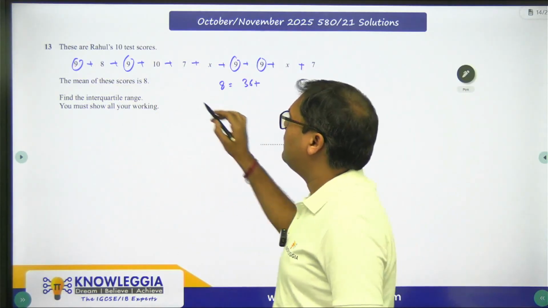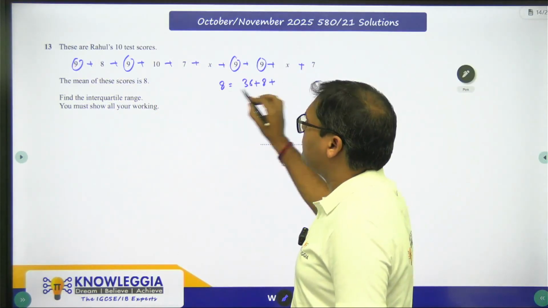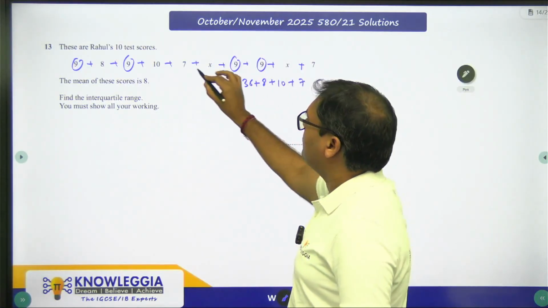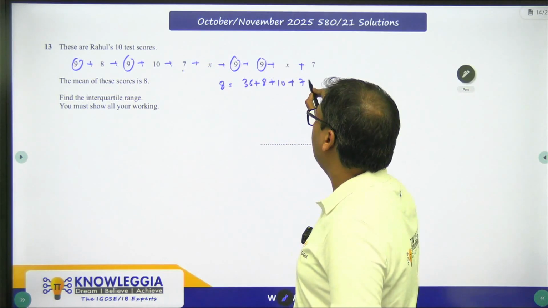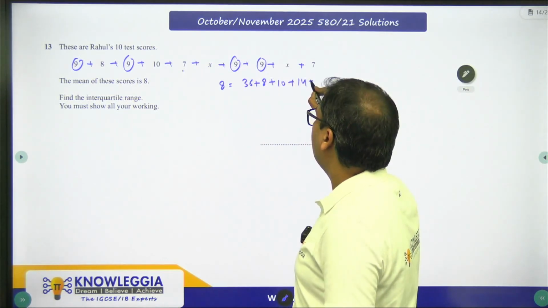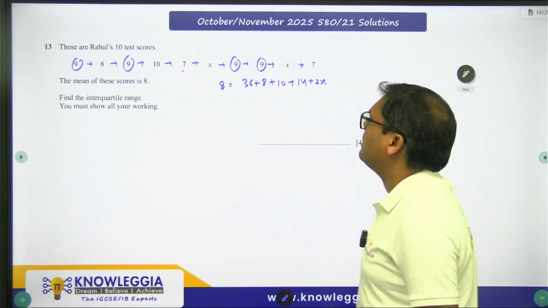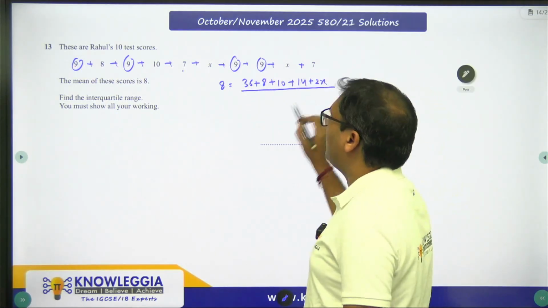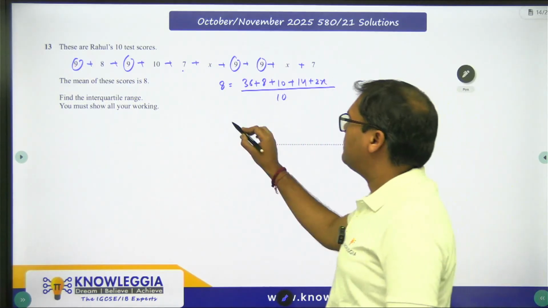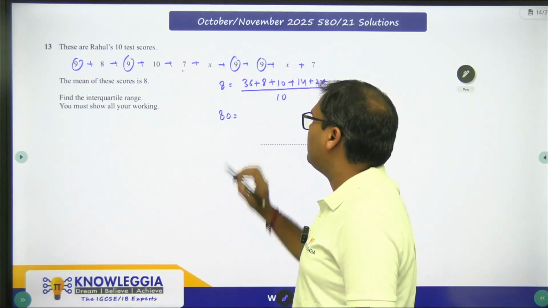Plus this is 8 plus 10 plus 7. This is 7 and this is into 2, that is 14, because 7 is appearing twice, and then plus 2x. I hope this is clear. Upon how many data? You have 20 data. Correct? So now you see this is 80 is equal to.